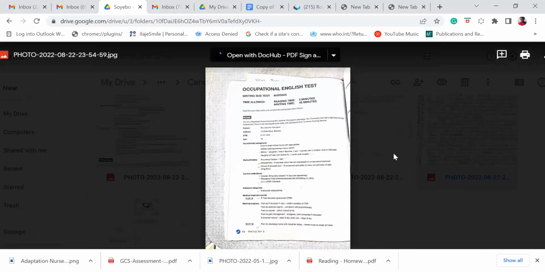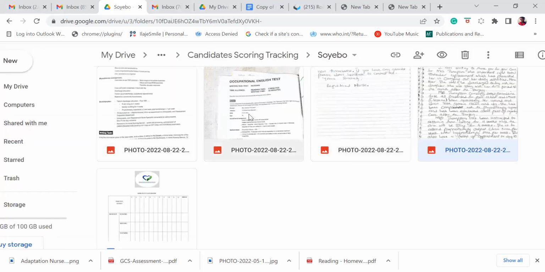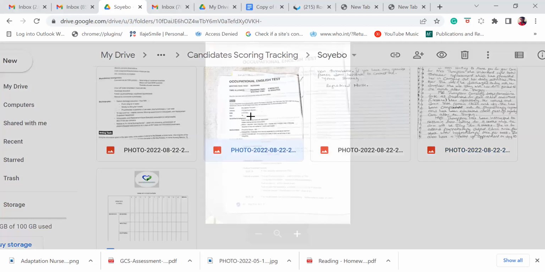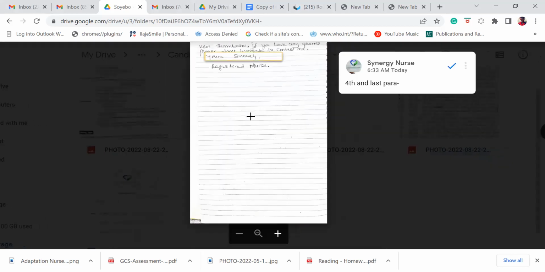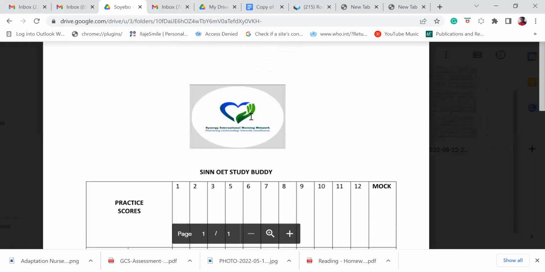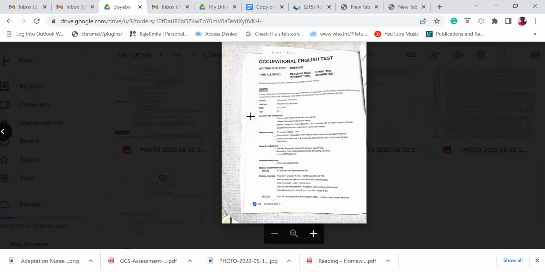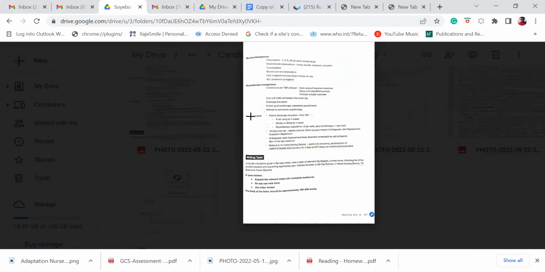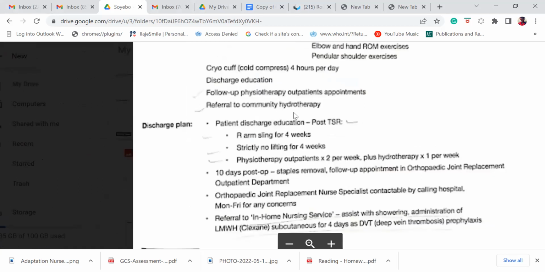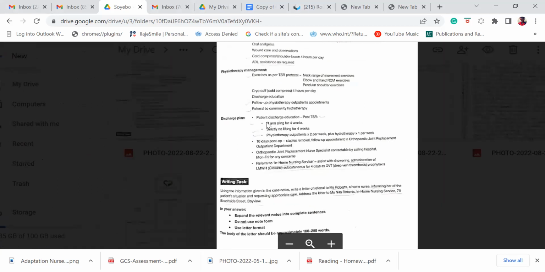And after this, where is the task now? So nursing management, physiotherapy management, discharge plan, and then now the writing task. So using the information, write a letter to Miss Roberts, even though this patient is on discharge.